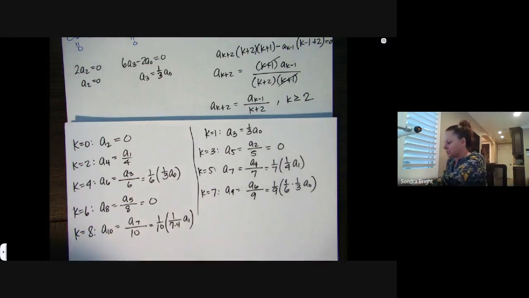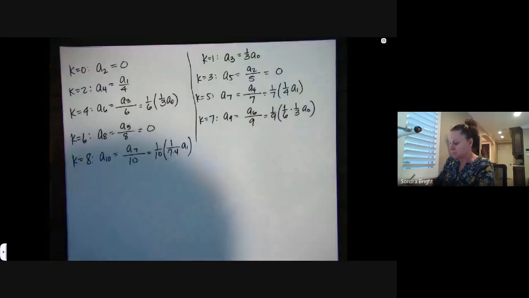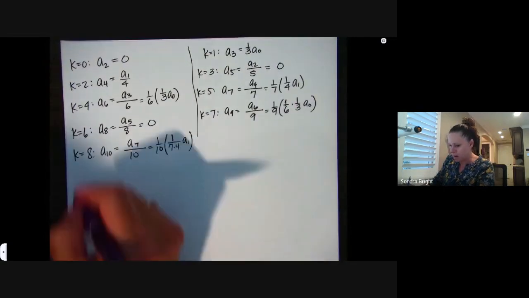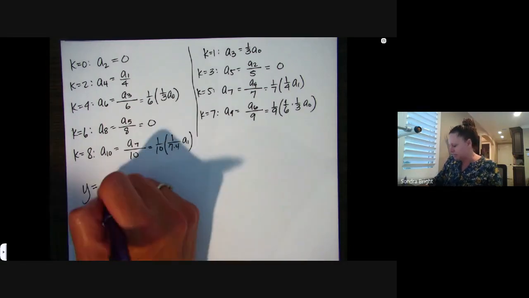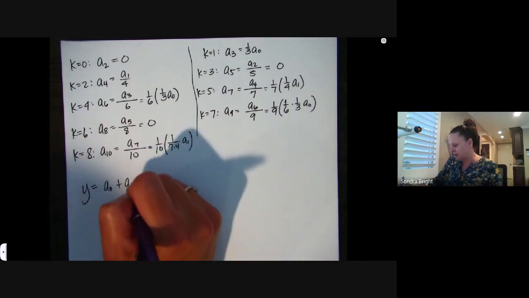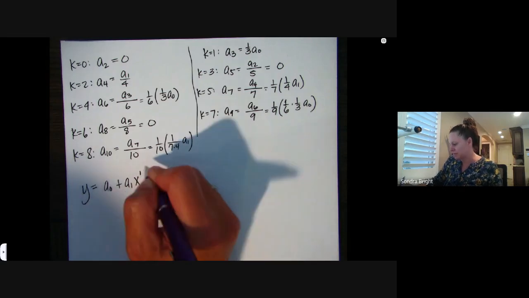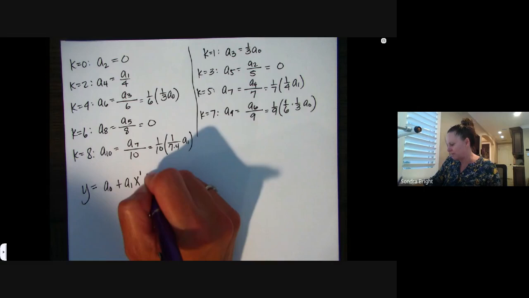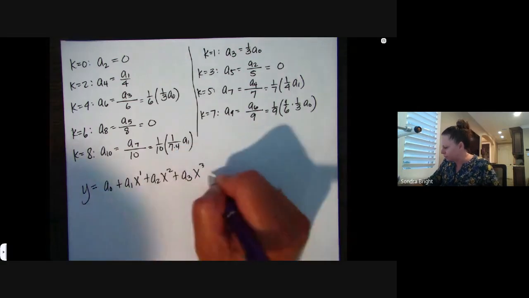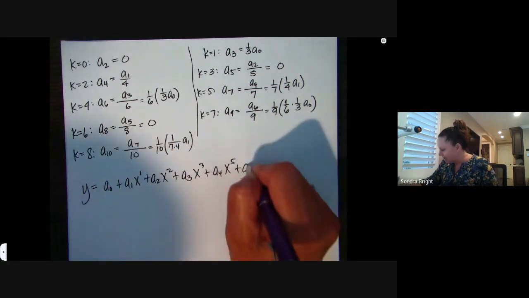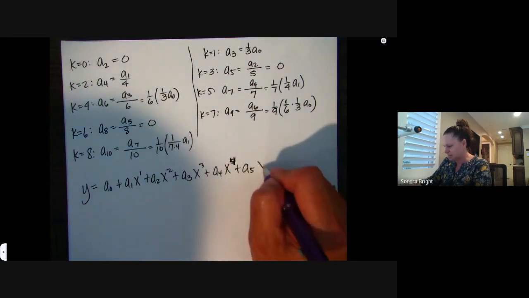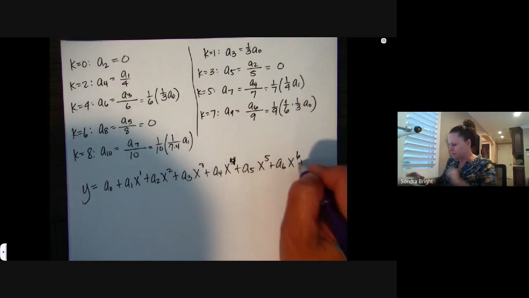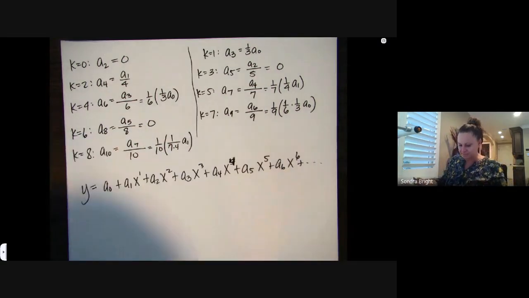Now, how you put together your answer, remember the general power series is y equals a naught plus a1 times x to the power of 1 plus a2 x squared plus a3 x cubed plus a4 x to the 4th plus a5 times x to the 5th plus a6 x to the 6th plus, yes? All right, so we start plugging these guys in.